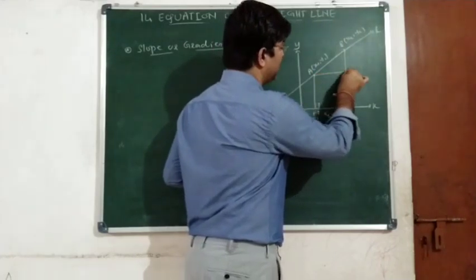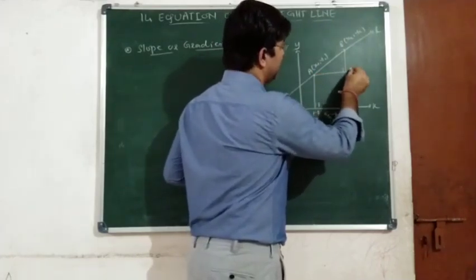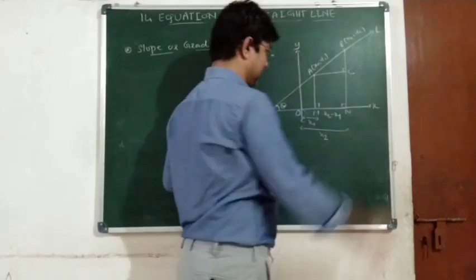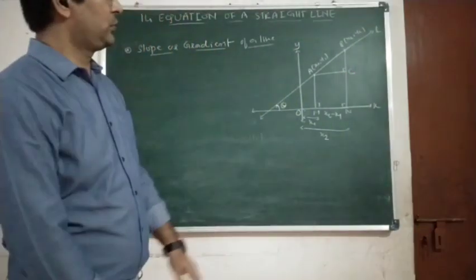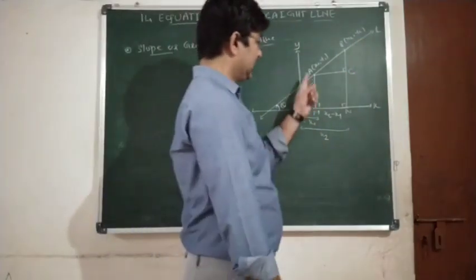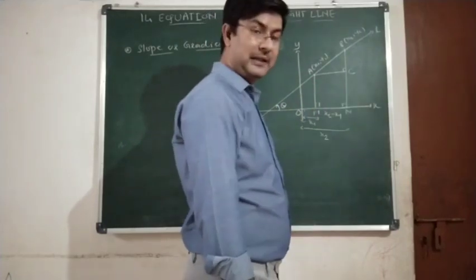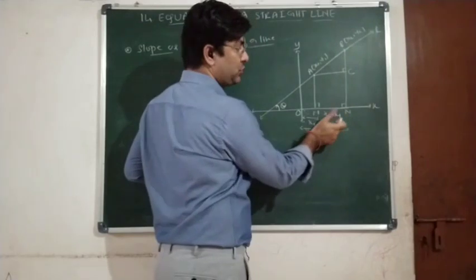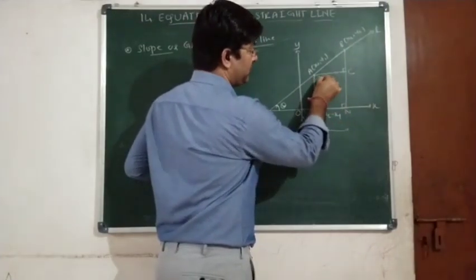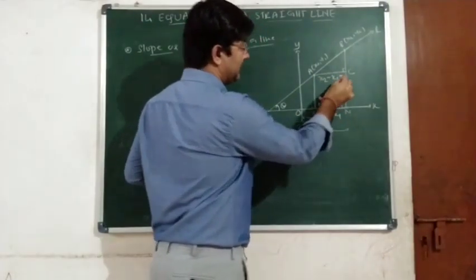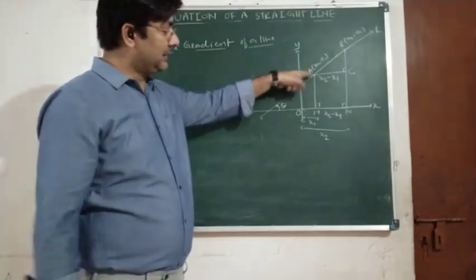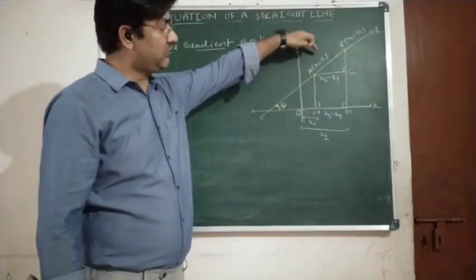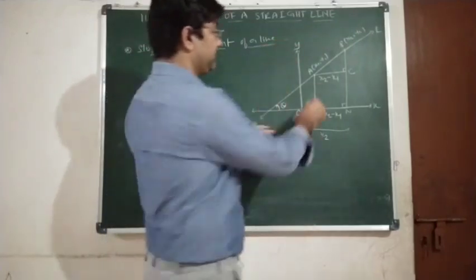Now if we draw one more perpendicular, AC perpendicular to BN, then AMNC is a rectangle and therefore MN will be equal to AC. So MN is x2 minus x1, therefore AC will also be x2 minus x1. Now look at the length AM. Perpendicular length is given by the y coordinate, so y1.